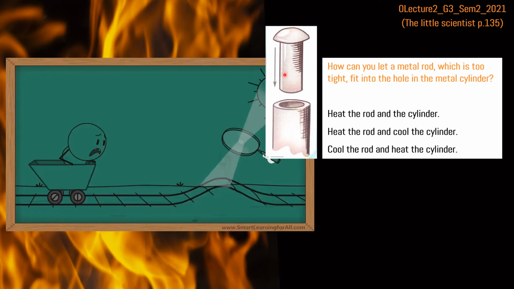And we should cool the rod so it goes smaller, so it contracts. So the correct answer is the last one. We should heat the cylinder so it expands and gets bigger, and we should cool the metallic rod so it goes smaller, and this way the rod will fit in the cylinder.